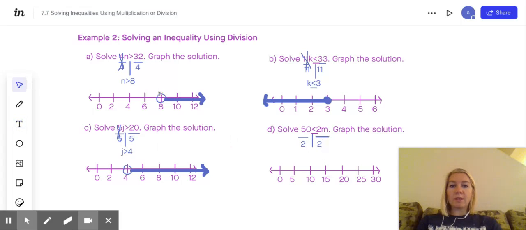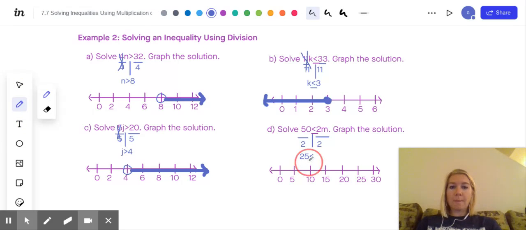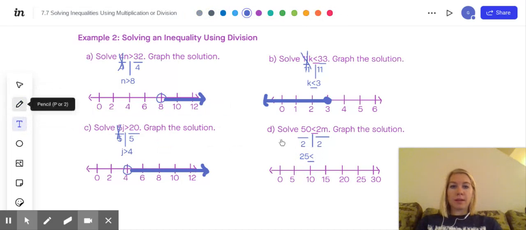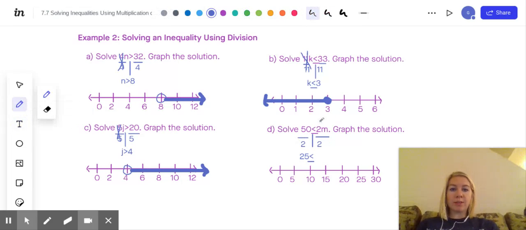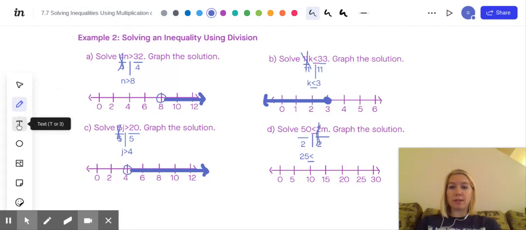Okay, looking at the left side, just like we're reading left to right, 50 divided by 2, I know that's 25, is less than or equal to, and I know 2 divided by 2 is 1, so the 2's can get rid of those. They cancel out, that's 1, so we don't need to write that down.